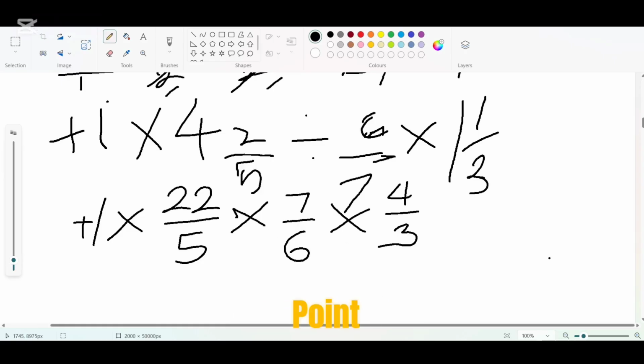So at this point we can see that 22 and 6 can cut, or 4 and 6 can cut. If we cut 22, half of 22 is 11, right? Use 2 to cut 22. Use the same 2 to cut 6, you're going to get 3, right?